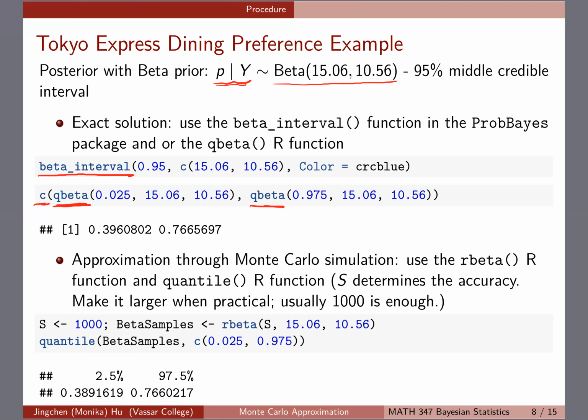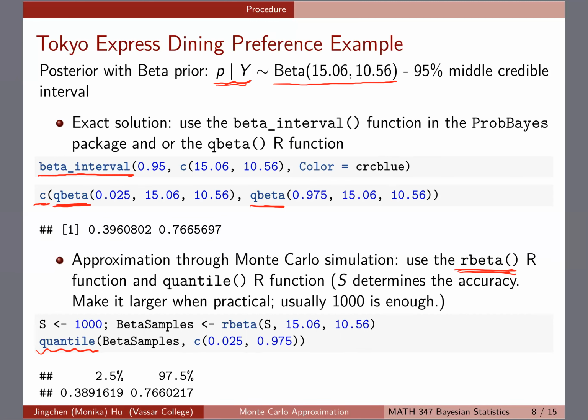And through simulation, what we did, remember, is we use our beta to generate S number of draws, and then we use this quantile function to look at these two cutoff points. And the reason why we can do this was from the previous slide, that we are able to approximate those quantiles by counting: you sort them from the smallest to the largest, put two cutoff points, and then find those points.